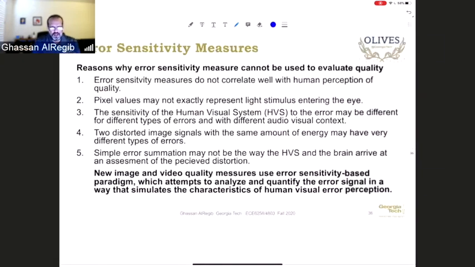Now this is more of a reiteration of what I was talking about before. The first thing is, whenever we look at an image, the very basic principle is that we don't look at images pixel by pixel. We look at them overall.